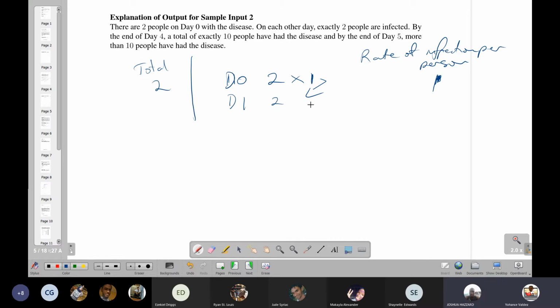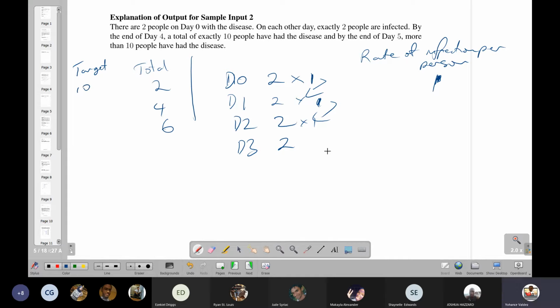All right. But each day, the new infections will infect 1 person each. So 2 by 1 again will give us 2 new people, which gives us 4, so now we have 6 people. These 2 people will infect 1 person each, so we have 2 people on day 3, and of course our target is 10.